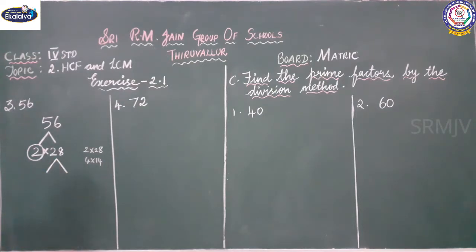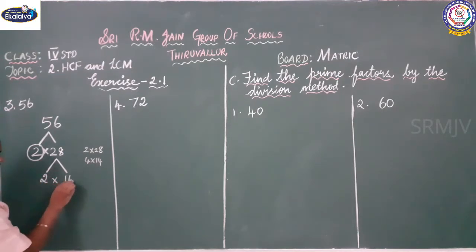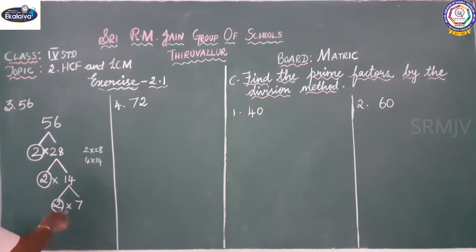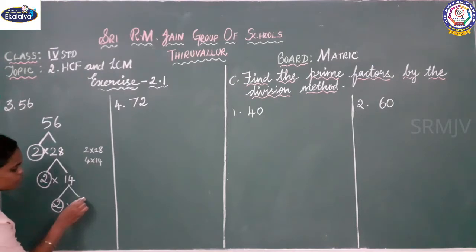For 28, if you take the 2 table, 2 14s are 28. Again 2 is a prime number, so we'll circle this. Then 14, in the 2 table, 2 7s are 14. Listen, children, we should continue until we get prime numbers. 7 is also a prime number, so we can stop here.